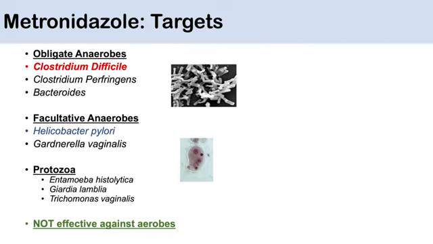So again, the biggest target I want you to remember is Clostridium difficile for metronidazole, but it's also good for other obligate anaerobes and some protozoa.